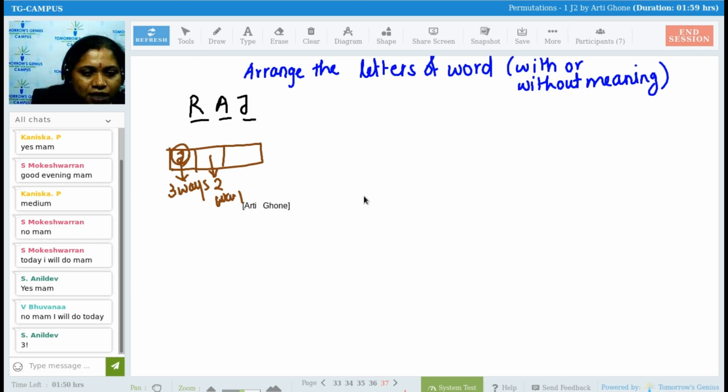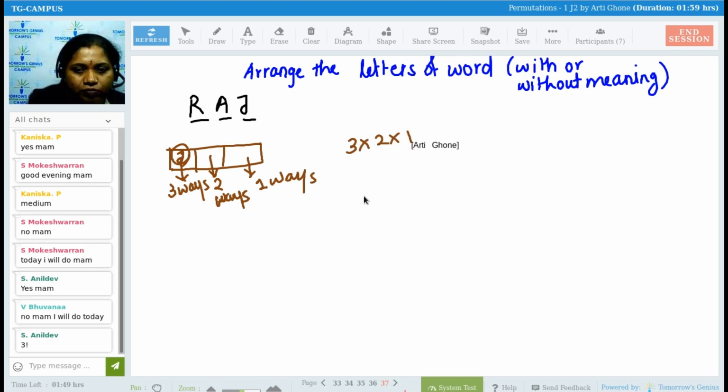Then I fix the second letter. How many letters are left with me? 1. So it is 3 into 2 into 1. With the fundamental principle of counting, we are getting 3 into 2 into 1, and it is nothing but 3 factorial. That's why the permutation of the word Raj is 3 factorial, meaning how many ways? 6 ways.